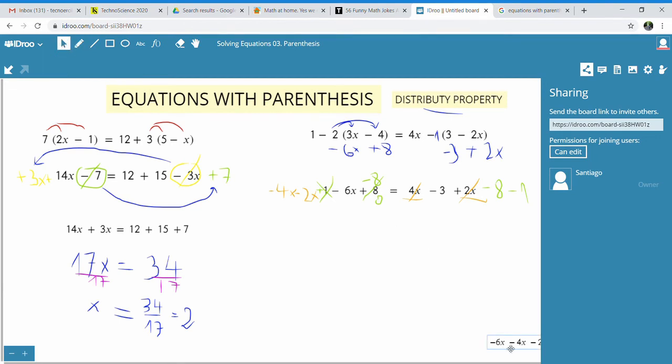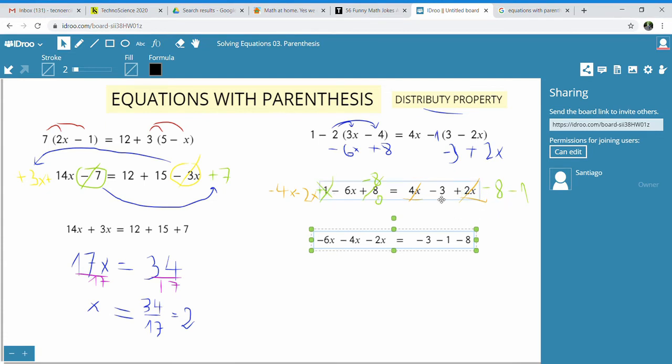Let's see what we have here. Look, we have the minus 4x, the minus 2x, the minus 6x. 8 and minus 8 cancel out. Plus 1 and minus 1 cancel out. And now numbers here, minus 3, minus 8, and minus 1.